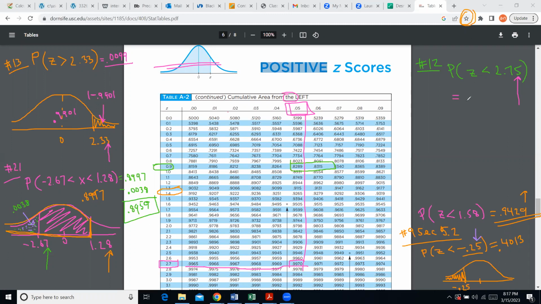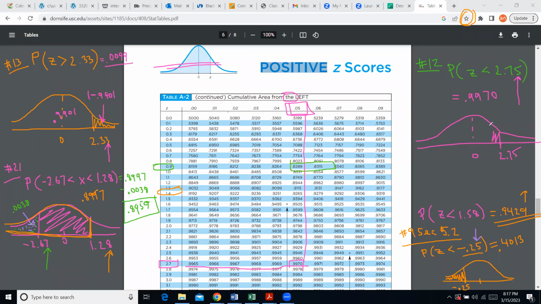It's 0.9970. Because again, if I was to make a picture of this case with 0 in the center, 2.75 is a positive number, which is a little bit bigger than 0. It's on the right side.